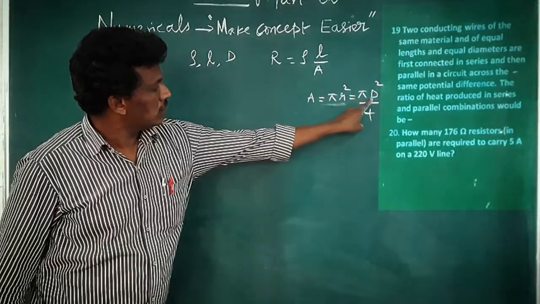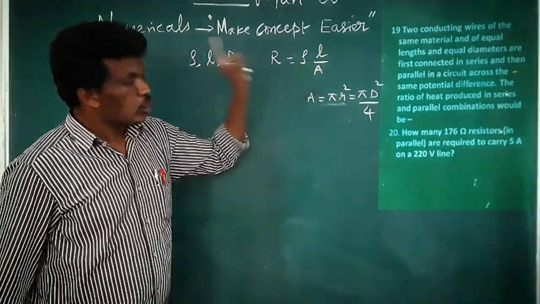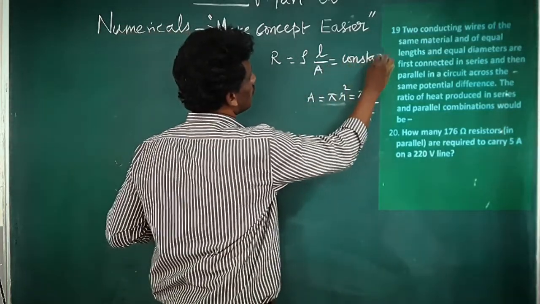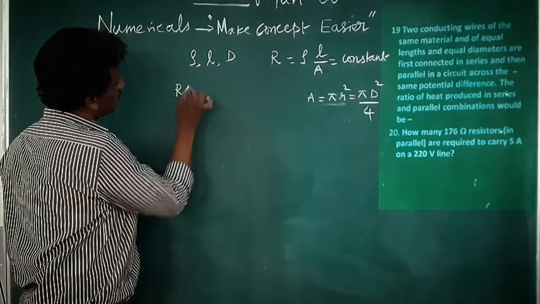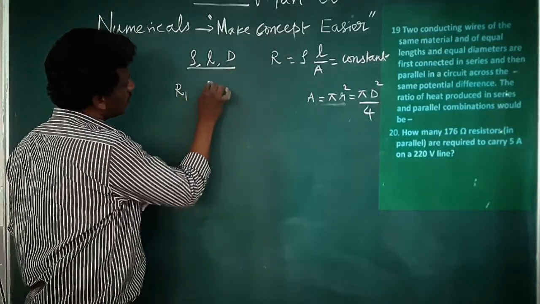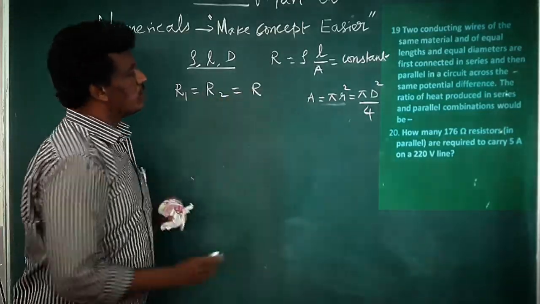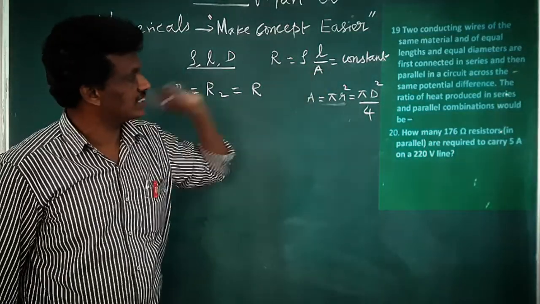Here the diameter D is constant, L is constant, rho is constant. So all the factors are constant. Then two wires you are using, R1 and R2. Given R1 equal to R2 equal to R, because identical resistance R is constant.